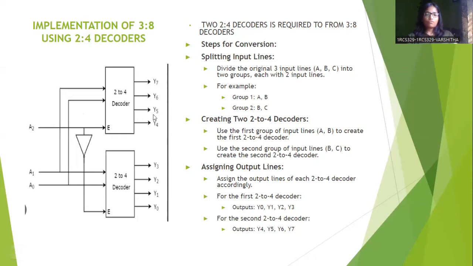To make Y4 to Y7 also 0, we connect an inverter to this enable input so that we get a 0 over here. When we pass 0 and 0, the outputs would be 1, 0, 0, 0. So the enable input for this decoder would be 1 for the 0 and 0 input signal. When we complement this, the enable input over here would be 0, so Y4 to Y7 would be 0.